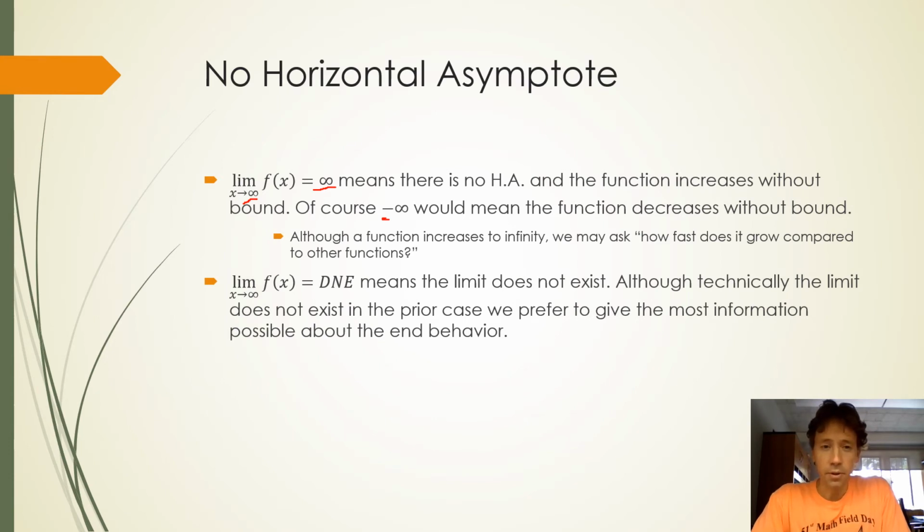So it's also possible to say that a limit does not exist. And technically, if you approach infinity, if f of x blows up to a large number, that limit doesn't really exist. But we're giving more information and saying it doesn't exist because the function increases without bound.